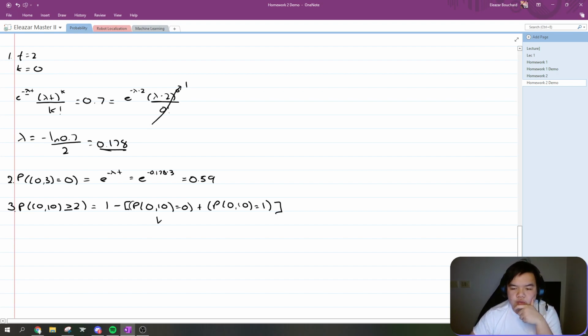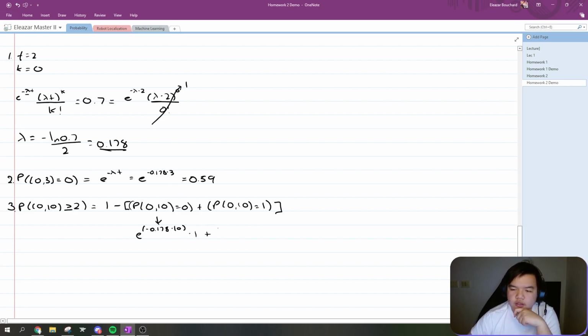We'll translate what this means in terms of the formula. So we have exponential of negative 0.178 times 10, and because k is 0, this whole part just becomes 1.